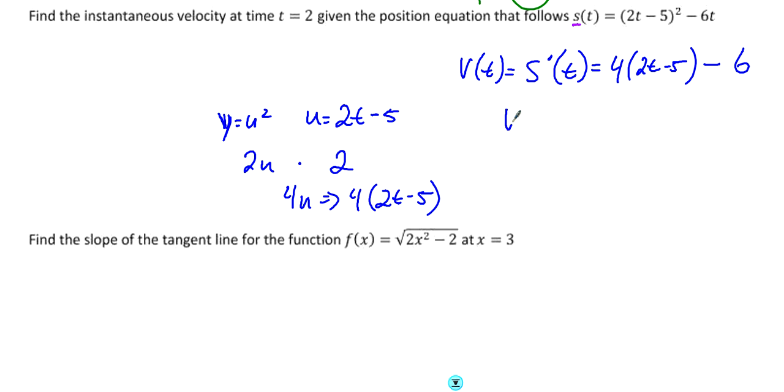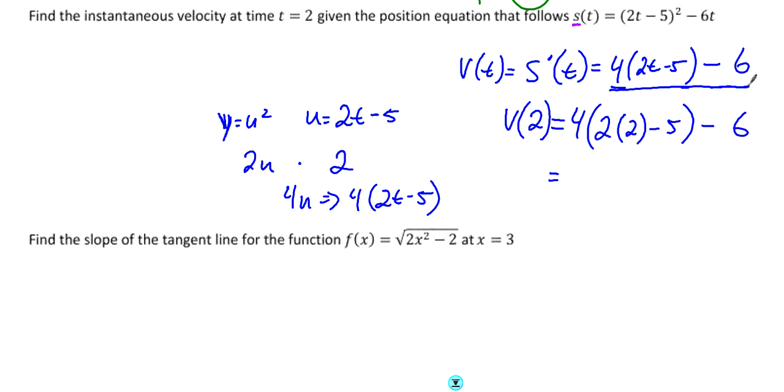And since we're trying to find the velocity at time equals 2, we just plug in 2 for t. And this is my velocity equation right here. It's the derivative of position. So 4 minus, sorry, 4 minus negative 5 is negative 1. So this is negative 4 minus 6, which means my velocity is negative 10, which means we are going backwards.